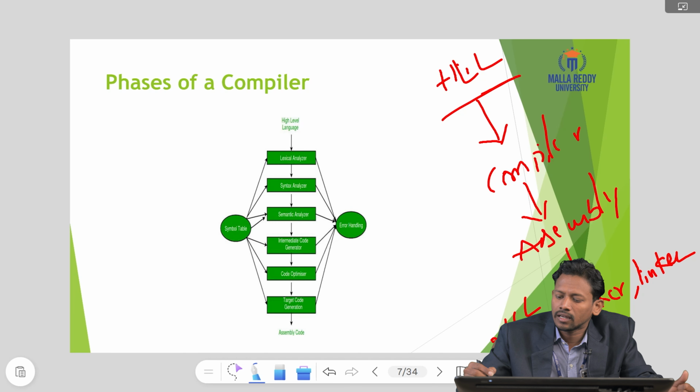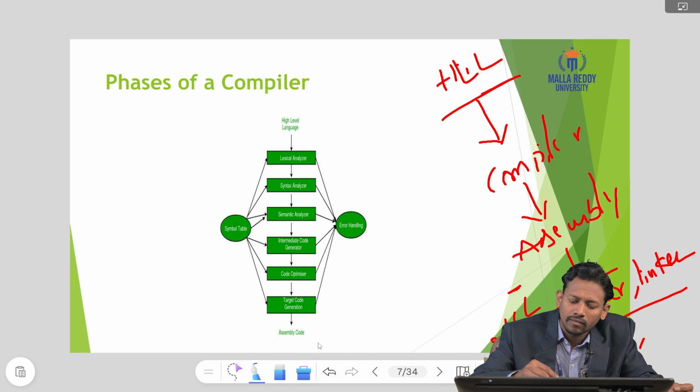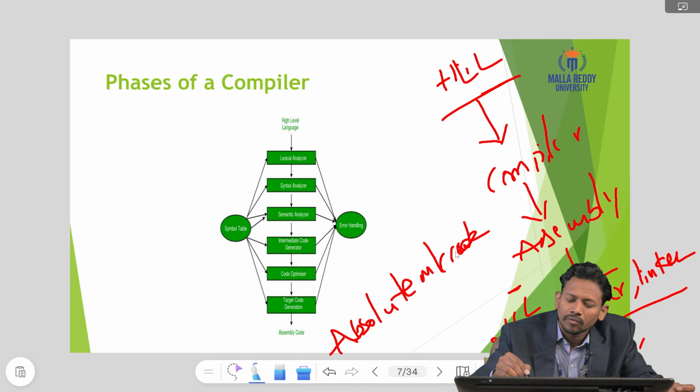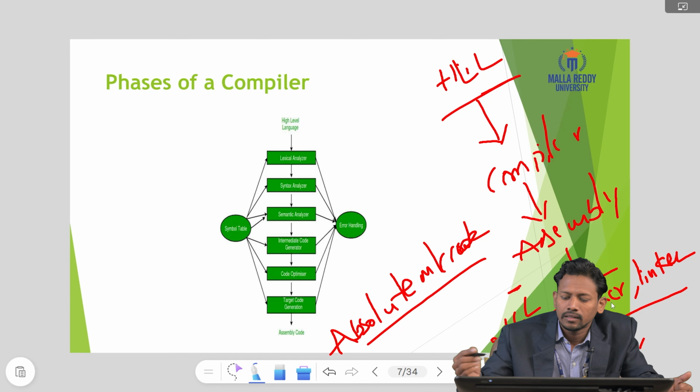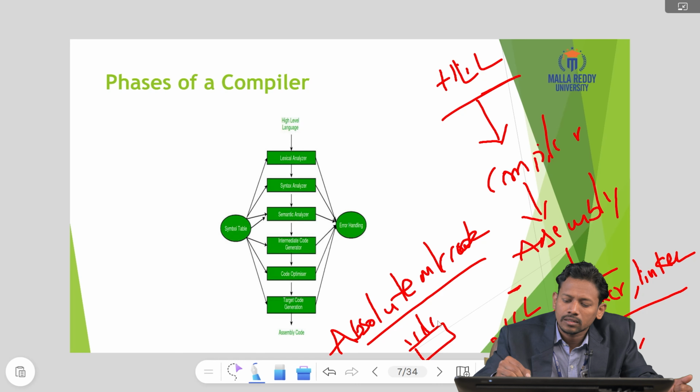Then relocatable machine language code is generated. After the loaders and linkers add the DLLs and library files, absolute machine code is generated. This absolute machine code is understandable to the processors.